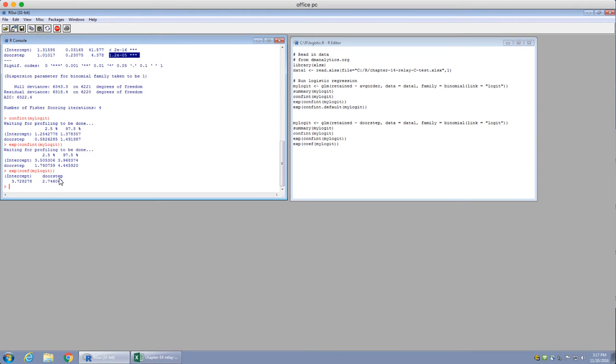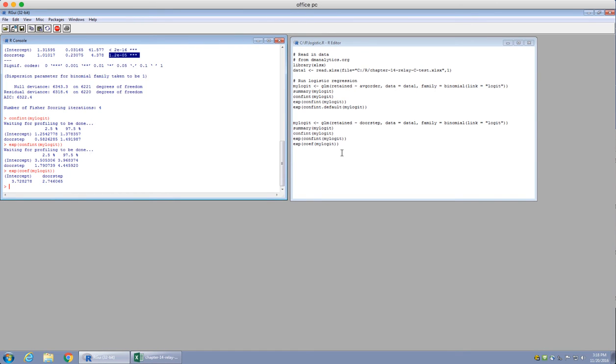It seems that for doorstep it's roughly 2.75, which means that if a customer uses the doorstep delivery service, this person is 2.75 times more likely to be retained than to be lost as a customer. So this is a pretty significant service in terms of whether customers are going to be retained or not.